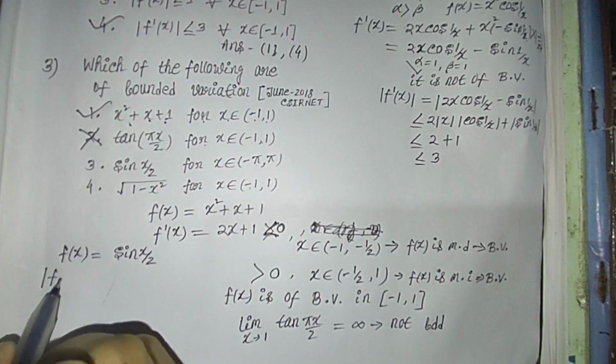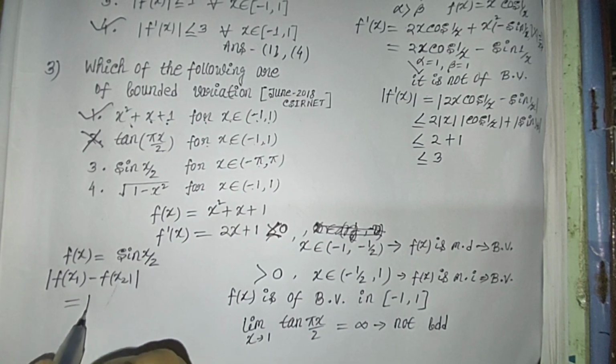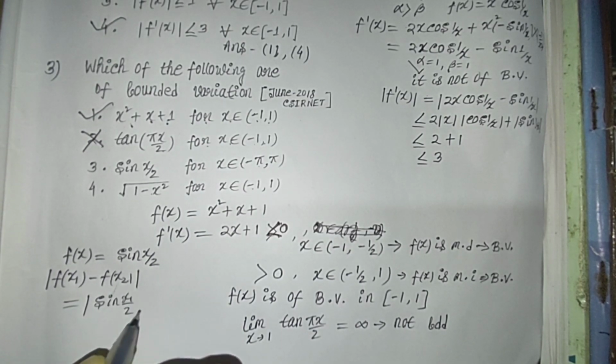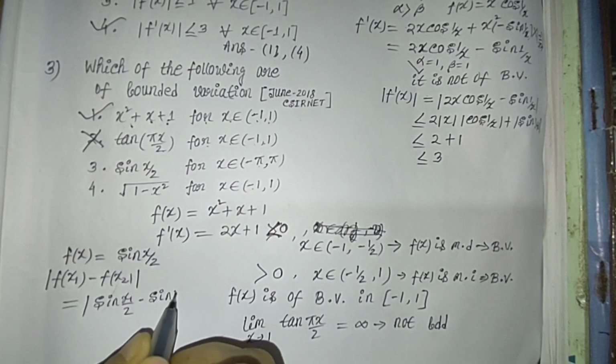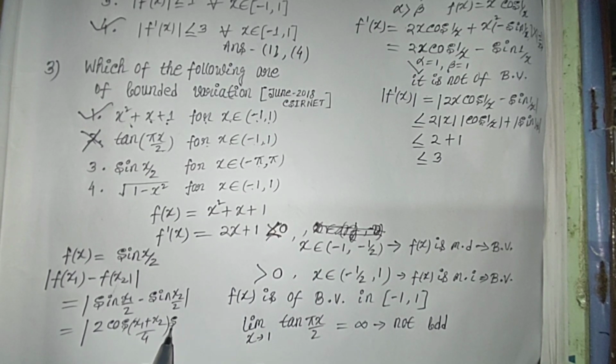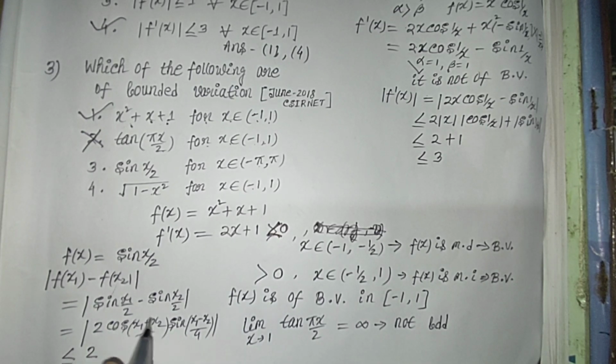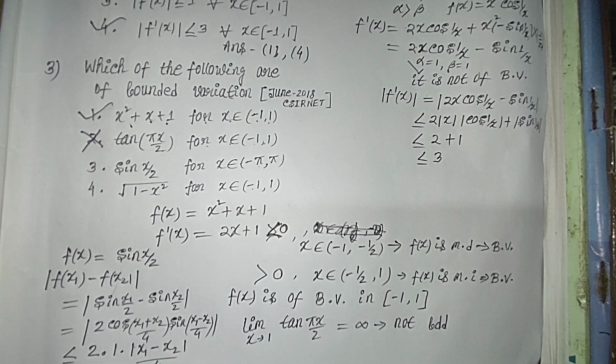We check that f(x) is a Lipschitz function. f of x1 minus f of x2 equal to sin x1 by 2 minus sin x2 by 2 equal to mod of 2 cos (x1 plus x2) by 4 sin (x1 minus x2) by 4, less than equal to 2 into cos x less than equal to 1, we know that, and mod sin x less than equal to mod x, so mod of sin (x1 minus x2) by 4 is less than equal to half mod x1 minus x2.